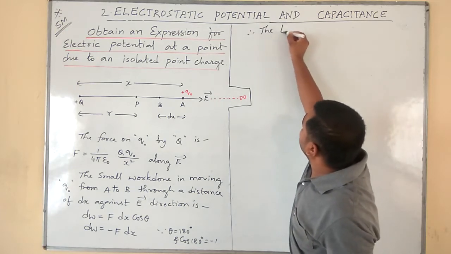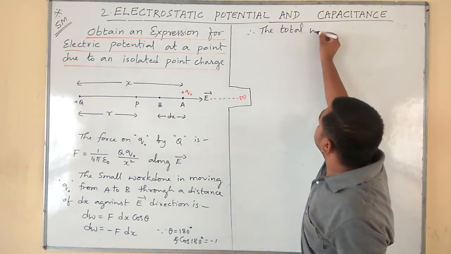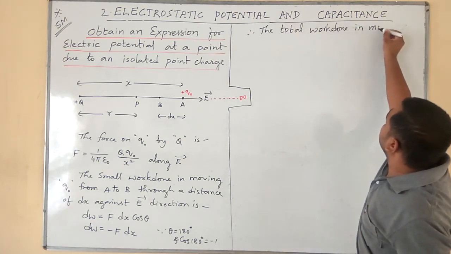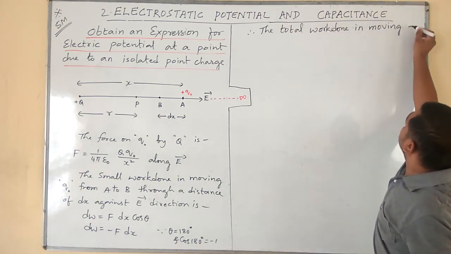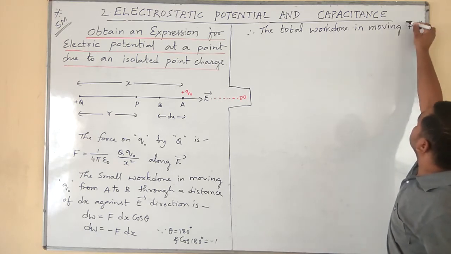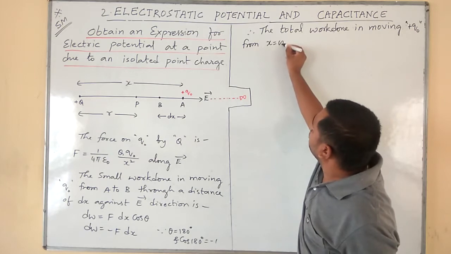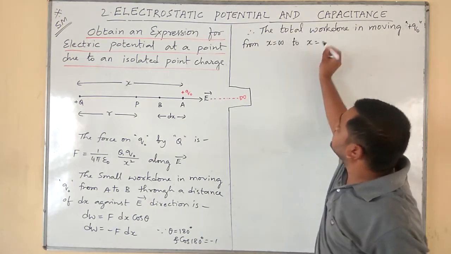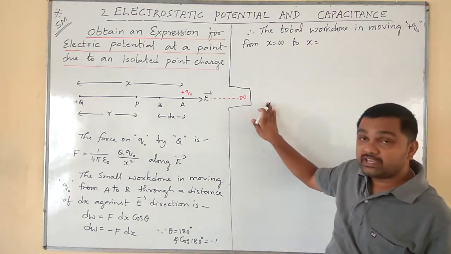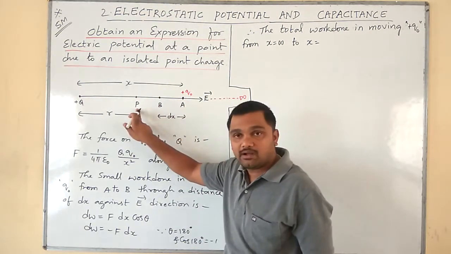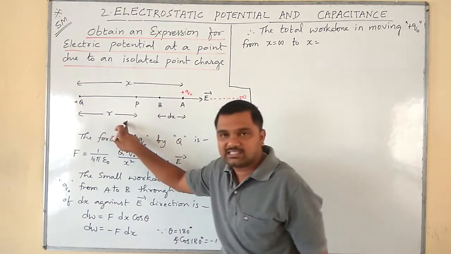Therefore, the total work done in moving plus Q naught from x is equal to infinity, we have to move or bring that charge to point P. P is at a distance r.